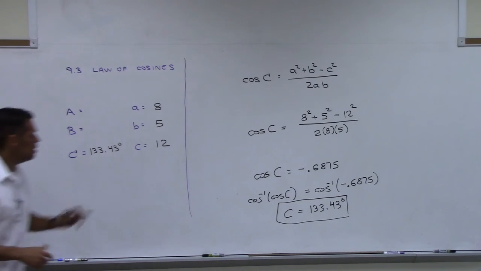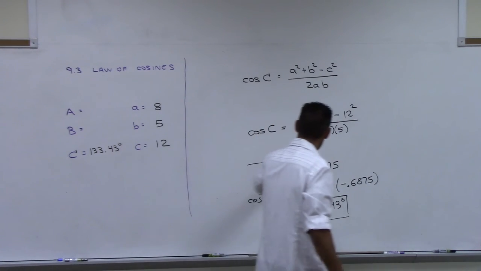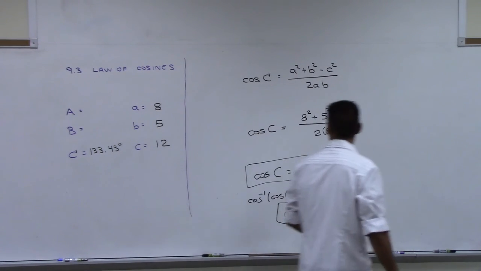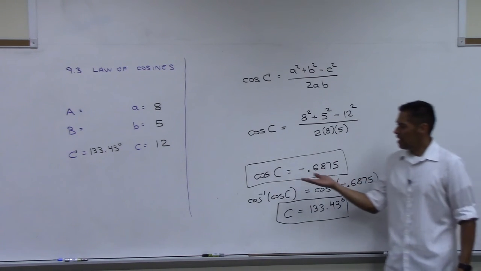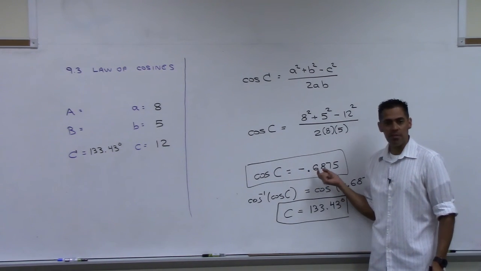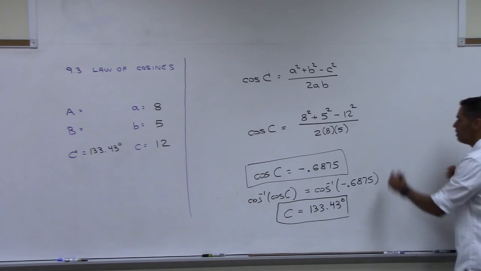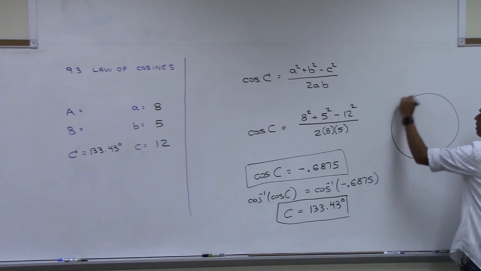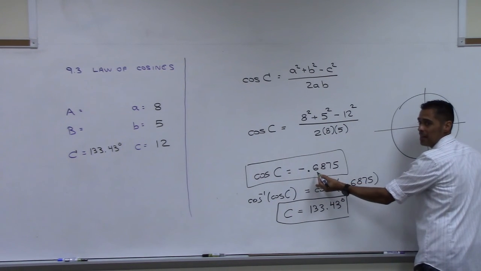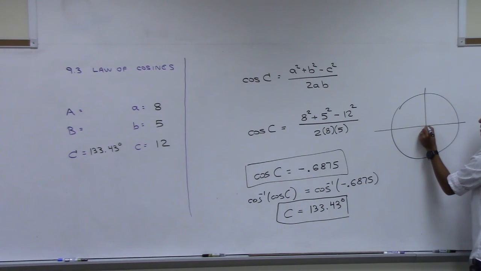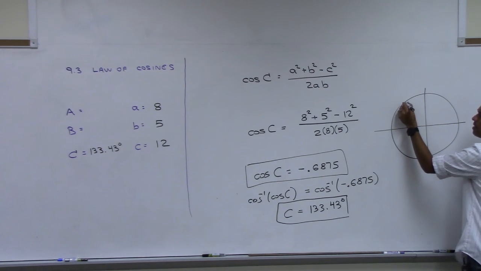We are about to go, but I want to re-stress why we don't have to worry about the double scenario here again. If I say cosine of an angle is negative 0.6875, cosine is which coordinate? X coordinate. This is saying your x coordinate is negative 0.68, which is probably about right there, right?